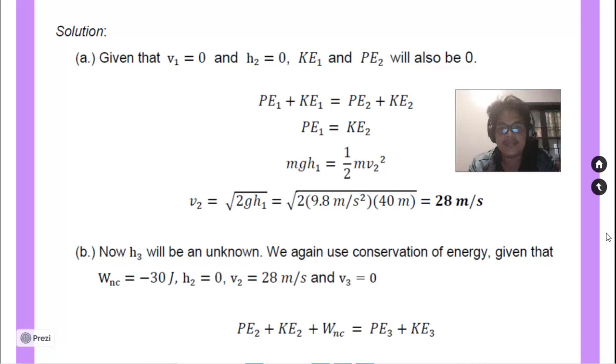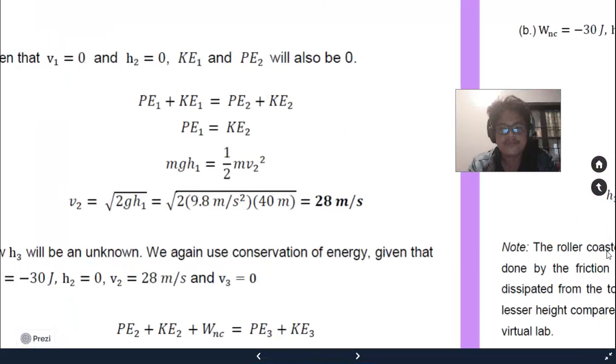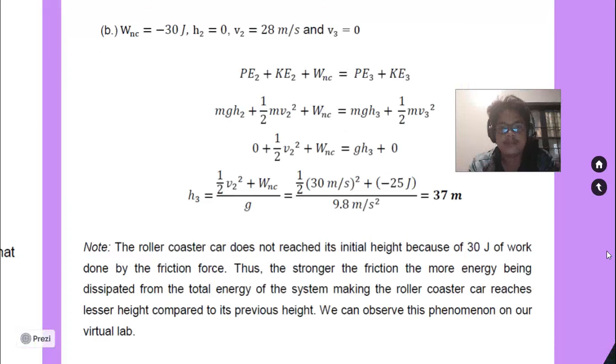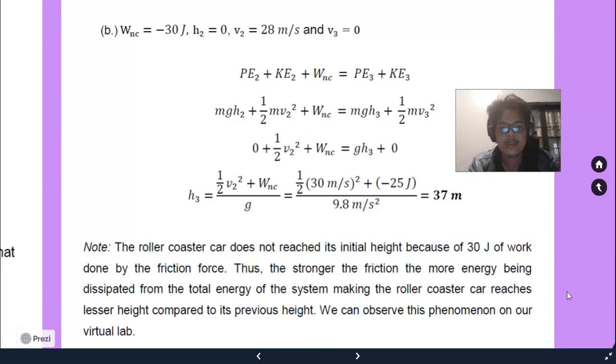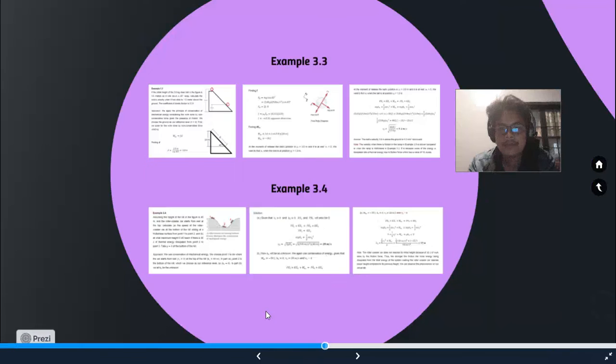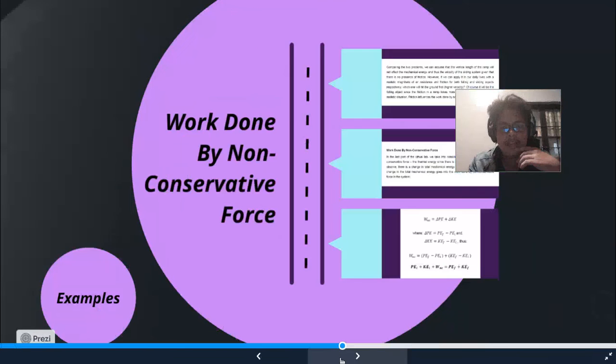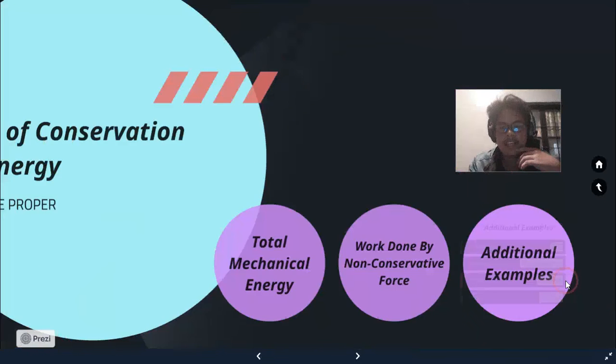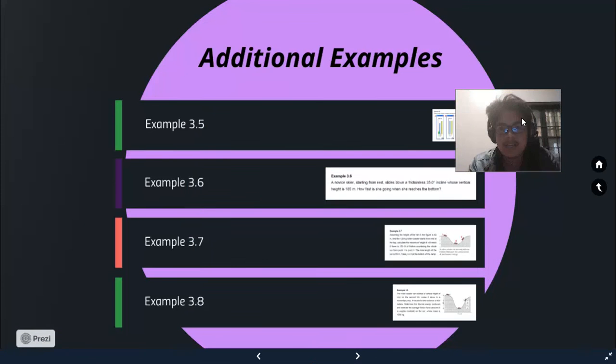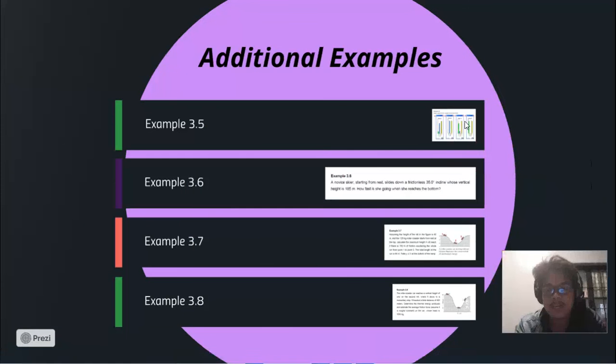Okay, let's move on sa additional examples. Okay, example 3.5. So, kayo na yung gagawa nito, guys. And I will reveal rin yung answer keys. Makita nyo rin sa answer key dyan. So, 3.5, select a letter for each. Okay, A, B, C, D. Alin yung nag-stop. Okay, yan yung bar graph natin kanina sa ating virtual lab. Kung gusto nyong malaman yung sagot, you can revisit the virtual lab.